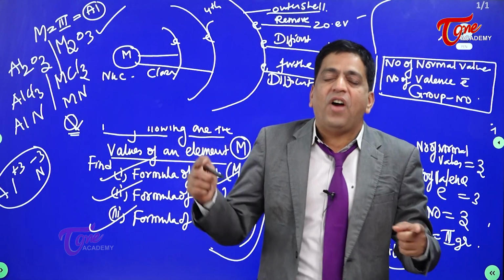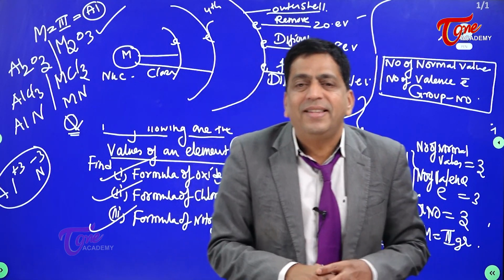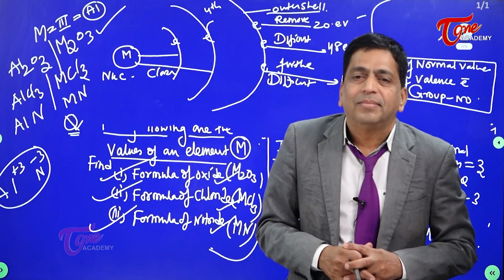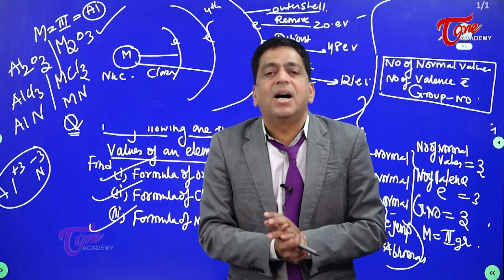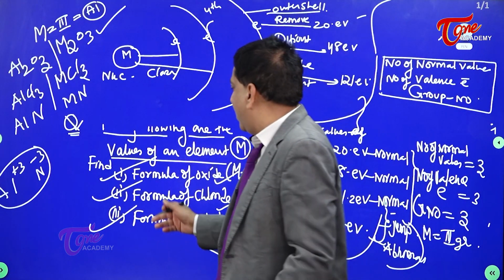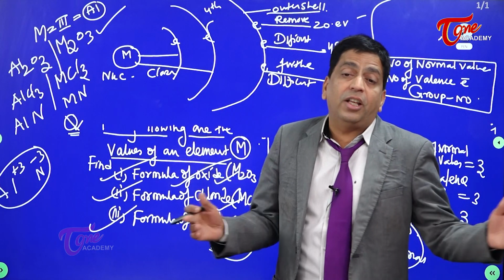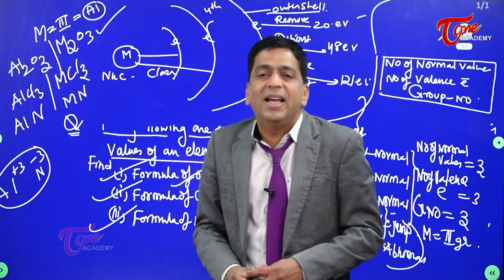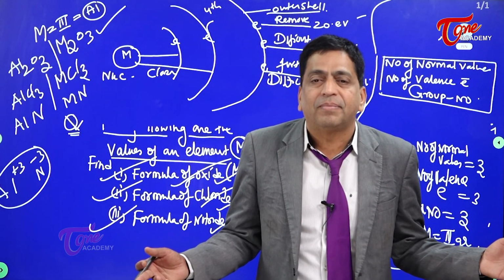If you know the number of valence electrons, then you know the group number. Once you know the group number, can't we find out whether it's the oxide or chloride or the nitride formula? Of course, yes, we can.